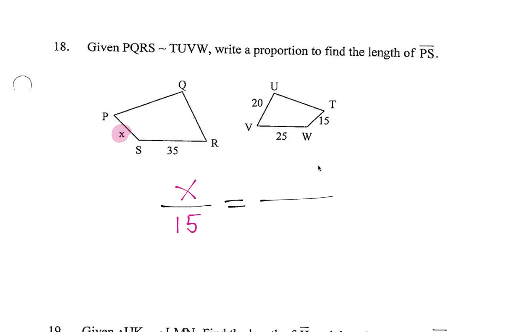So X is going to turn into 15 the same way that 35 is going to turn into 25 because SR goes with WV. Now you might be able to look at those and know which sides go together. I always double check because I don't do that the best in my head, especially if I have to flip and rotate things. And since 35 is from the same polygon as X, they are both up top.